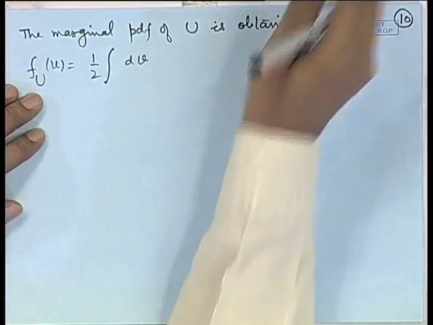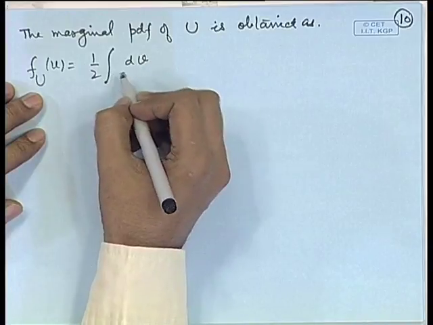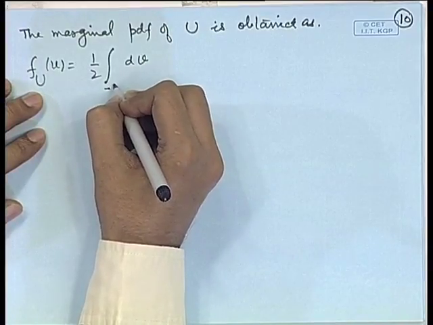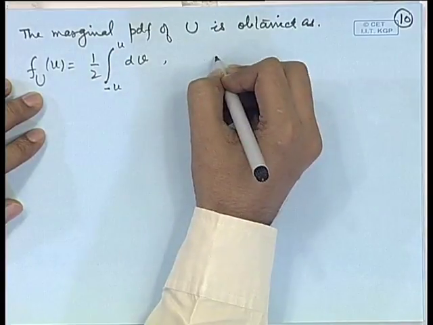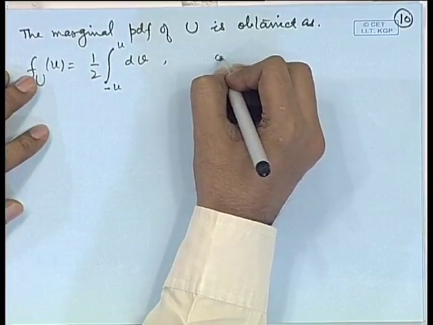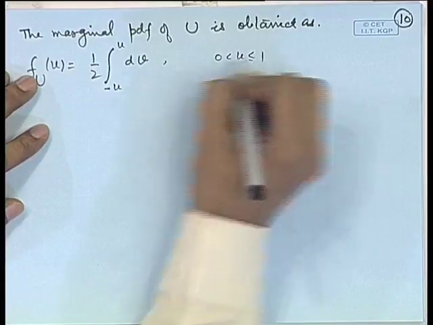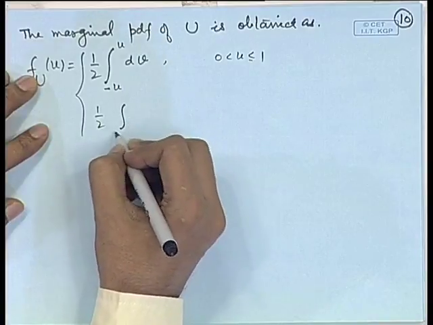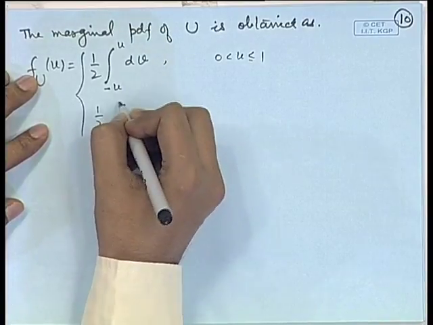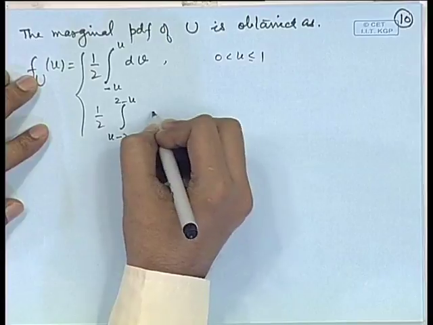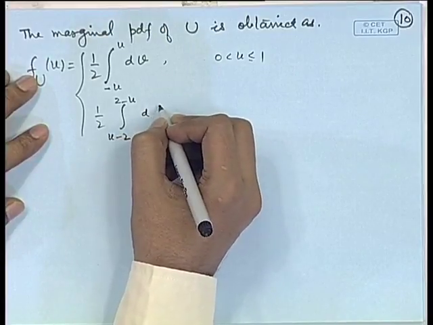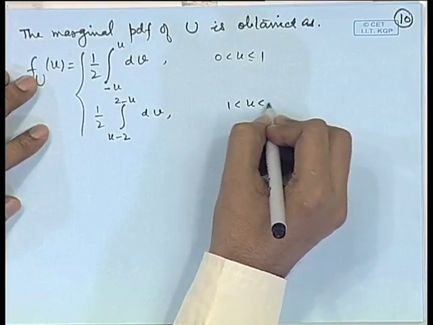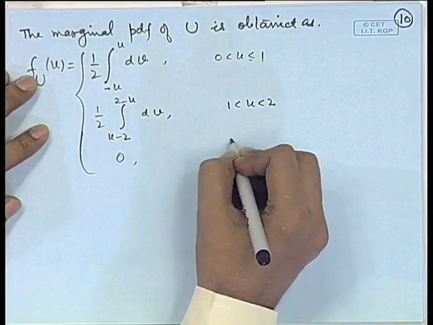So, if we determine the region, it is from minus u to u if u is between 0 to 1, it will be half, and u minus 2 to 2 minus u, dv, if u is between 1 and 2, and 0 elsewhere.